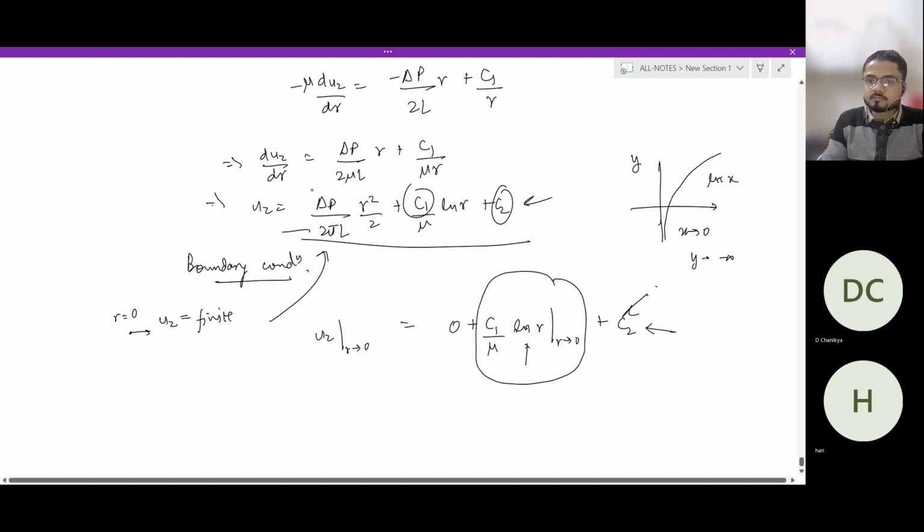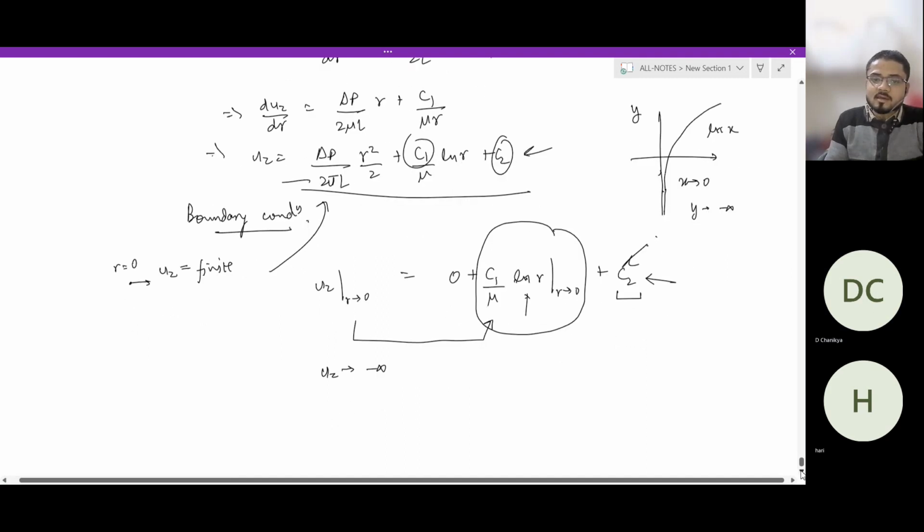It just goes on right here, asymptotically, okay? So if you apply this condition, this would imply that uz tends to minus infinity, right? Because c2 is finite.